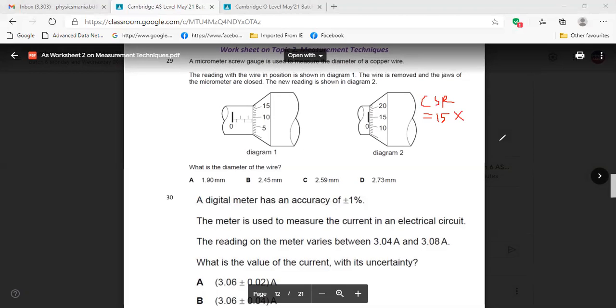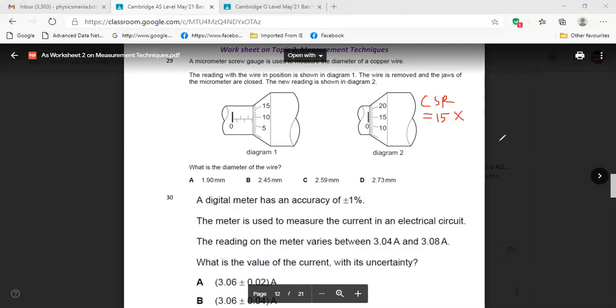With a ruler it is 1 millimeter. With vernier calipers, it is 0.1 millimeter. And with a micrometer, we can measure accurately till 0.01 millimeter. Is it clear to you? Yes, sir.